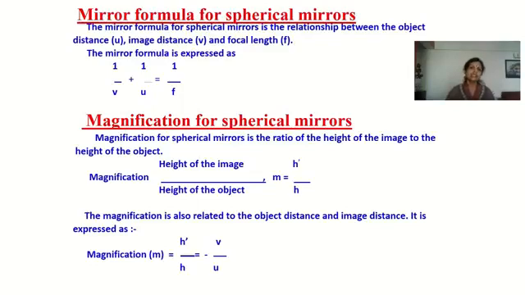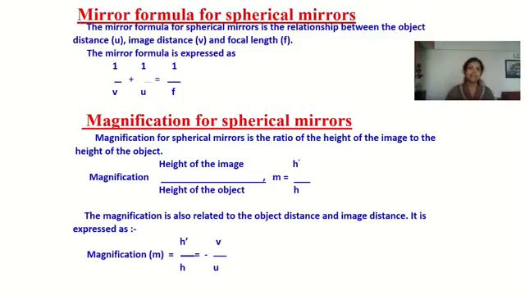Children, the next is the mirror formula for spherical mirrors. So in the Cartesian sign conventions, I was talking about the object distance, the image distance, object height, image height, and focal length. The object distance, the distance at which the object is kept, is denoted by letter u. The distance at which we get the image from the pole is denoted by letter small v, and focal length is denoted by letter f.